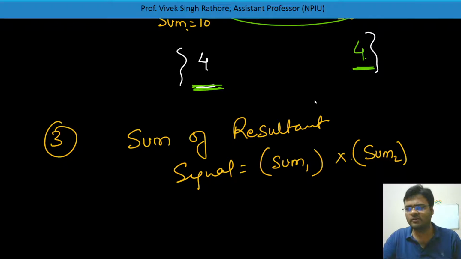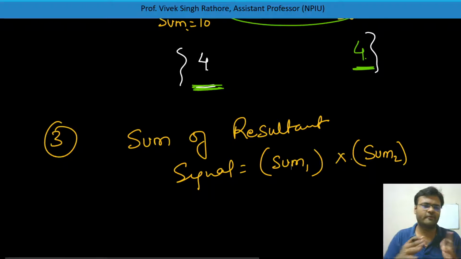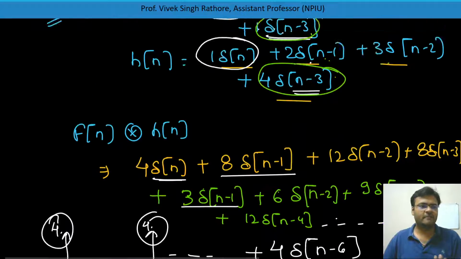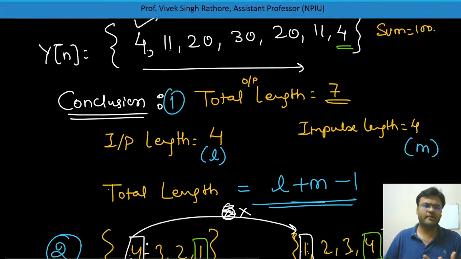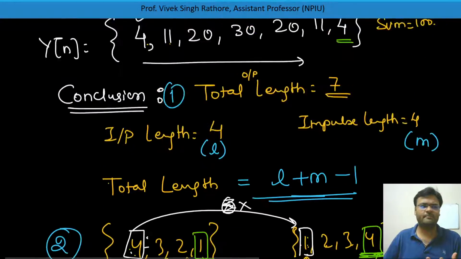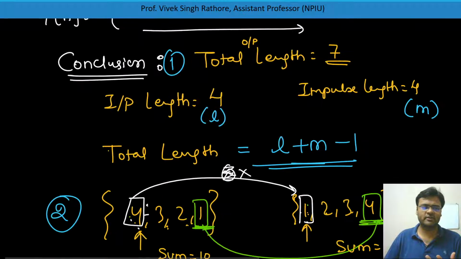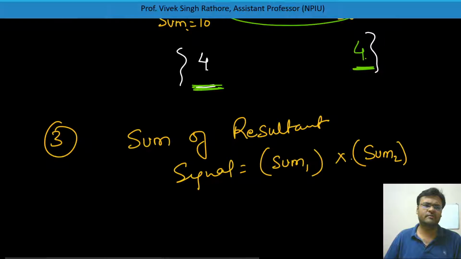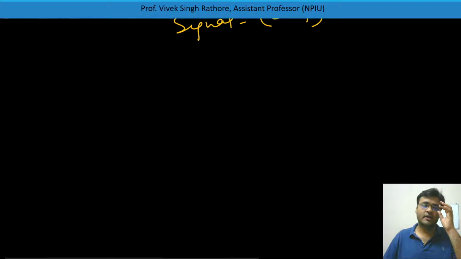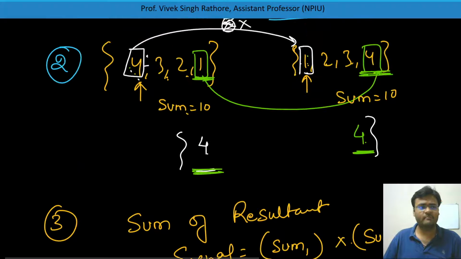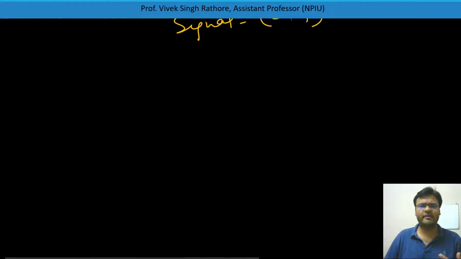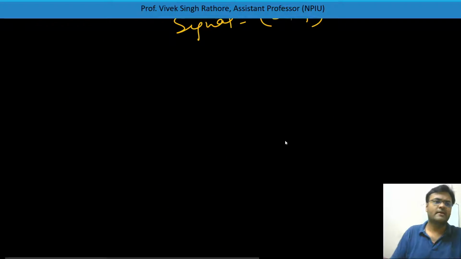So these three types of conclusions we can derive from our multiplication method, and this is very true. For objective type and multiple choice questions, you can easily eliminate some options, because if you don't have time to solve, eliminating options by seeing only this is a very good thing. Okay.